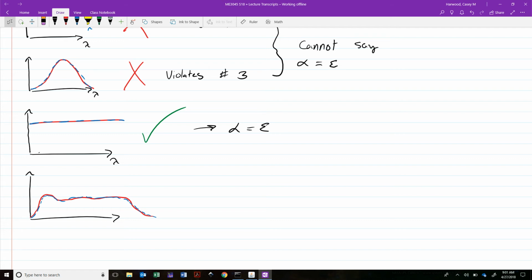Because we see that sure, 1 and 2 are satisfied, and alpha and epsilon, the spectral distributions, are on top of each other, but it's not independent of lambda. However, we've got a pretty flat stretch right here.